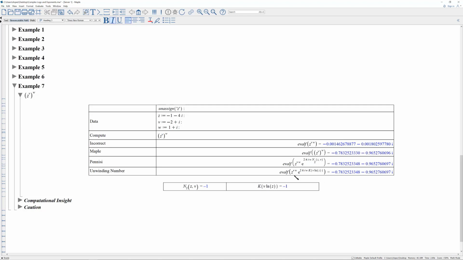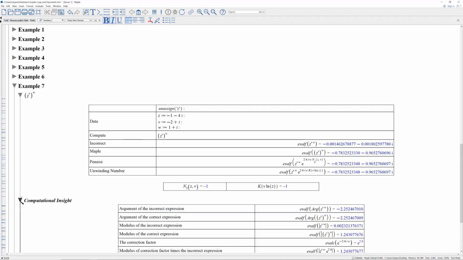And if we do it incorrectly but compensate with the unwinding number compensation or corrector, we get the same answer. So these three are all the same, so they are correct. And notice that here n2 is the Panizzi way, minus 1, the unwinding number, minus 1.